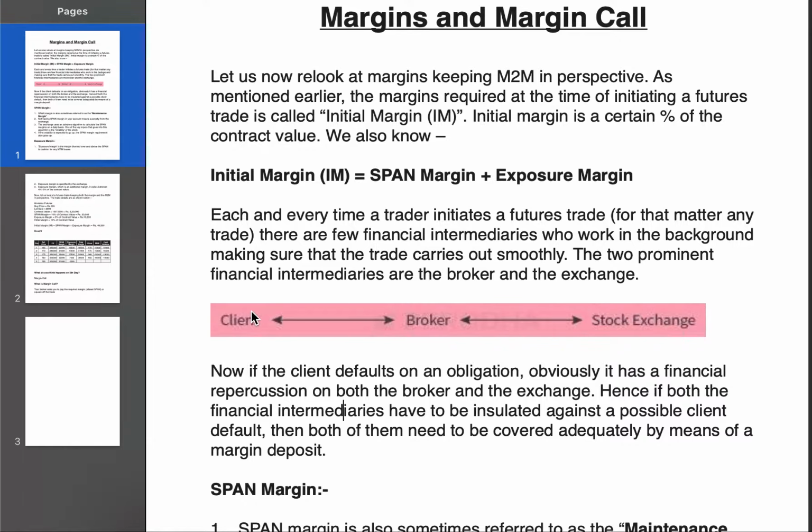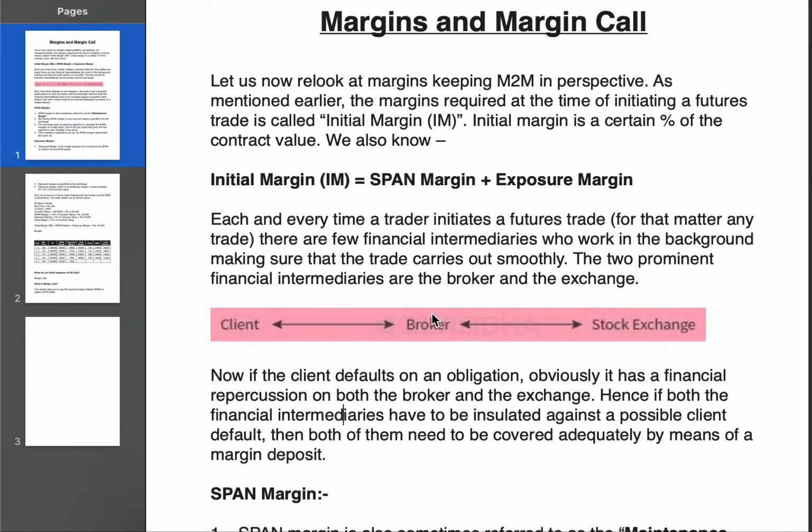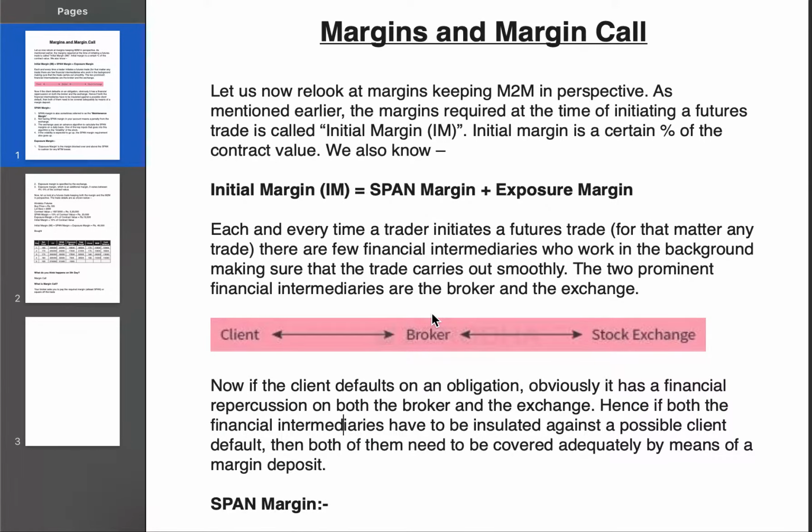So, if the client defaults, the broker is responsible for the default because he takes on the liability. And if the broker defaults, it's the stock exchange's liability. But the stock exchange makes sure that it generally doesn't have to pay brokers' losses because it has a lot of guidelines and capital requirements for anyone to get into the brokerage industry.